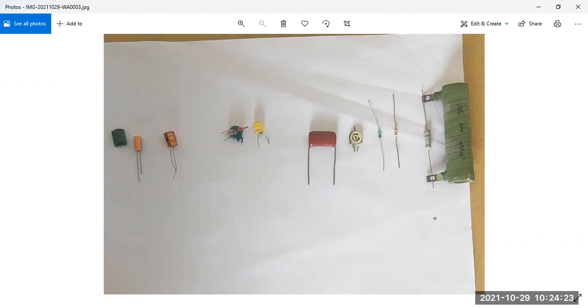This is also a solid state resistance, generally used in electronic circuits, but this gray one can withstand 1 watt. This is the 2 watt resistance, and this is a small type of resistance.